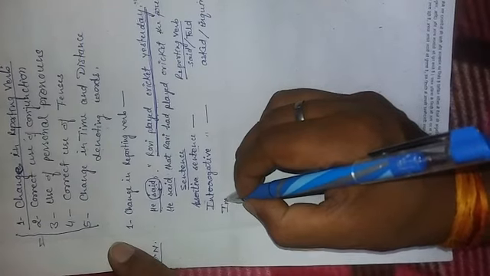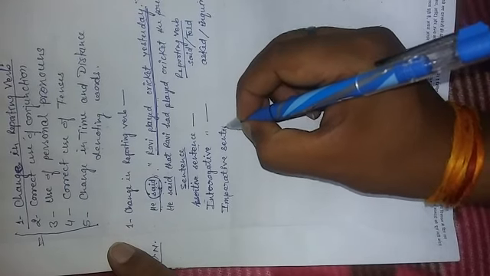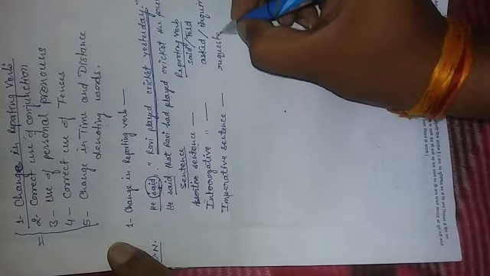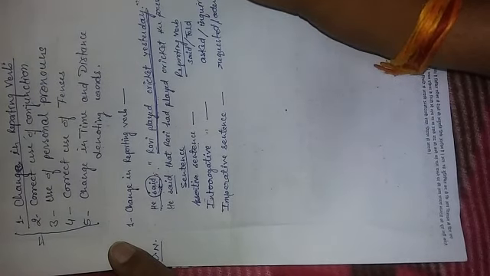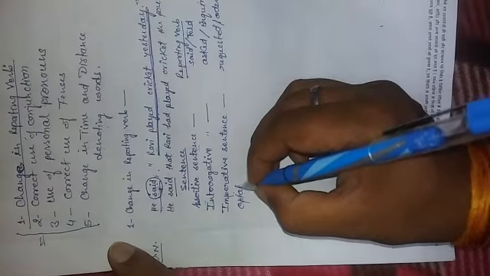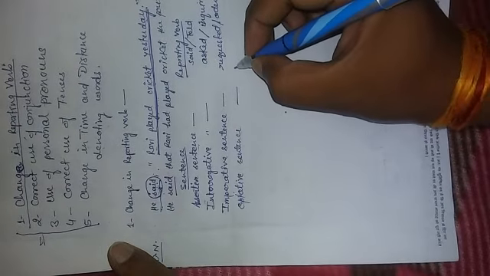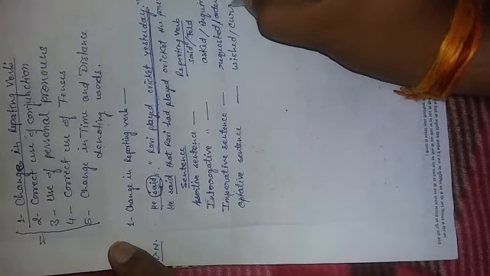And if there is an imperative sentence, then it will be requested, ordered, or suggested, advised, commanded, whatever the sense of the sentence is. And if there is an optative sentence, then it will be changed into wished, cursed, and blessed.